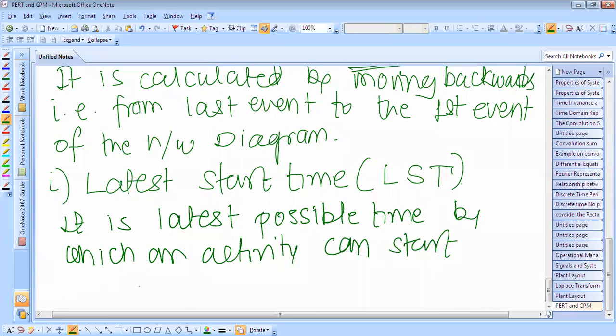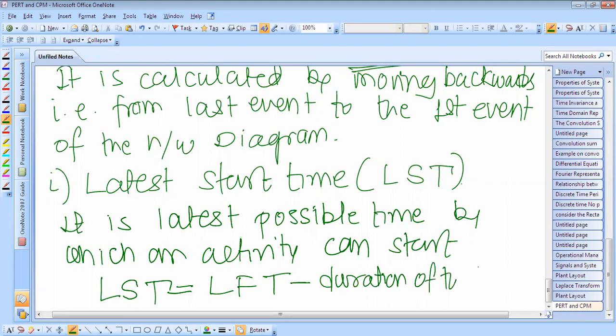Therefore, latest start time is equal to latest finish time minus duration of that activity.